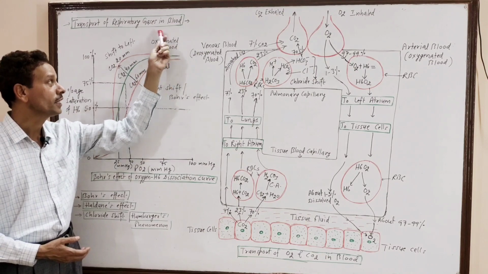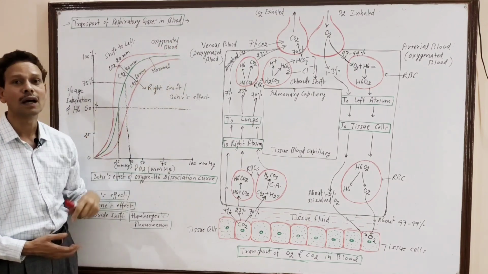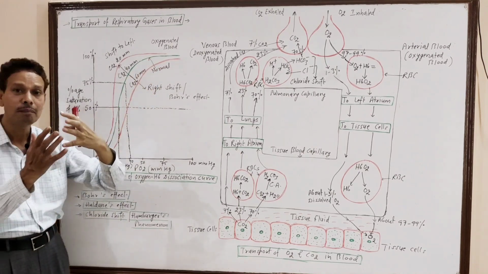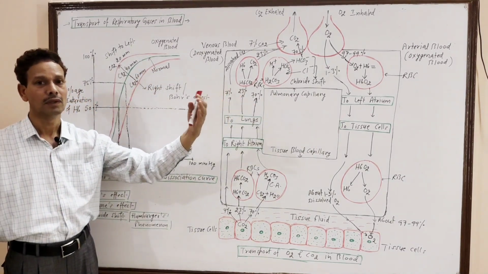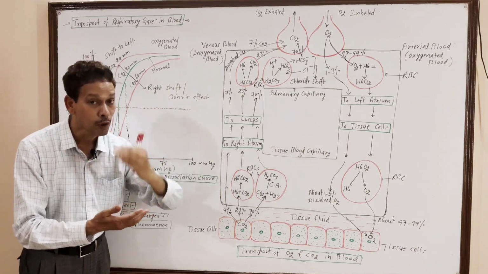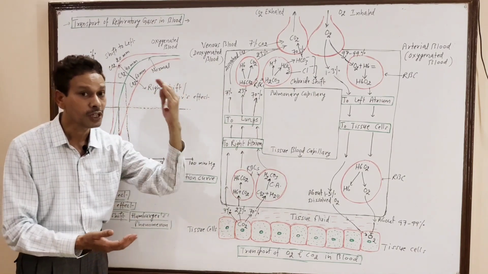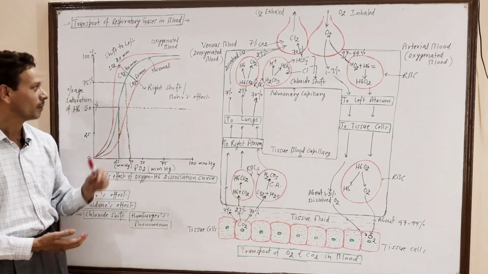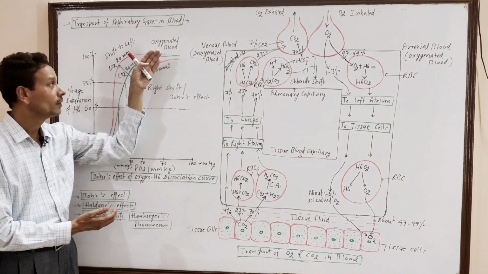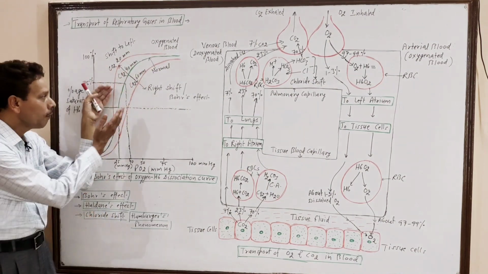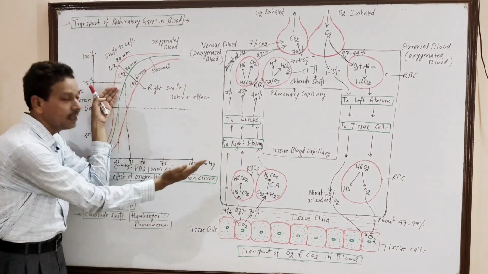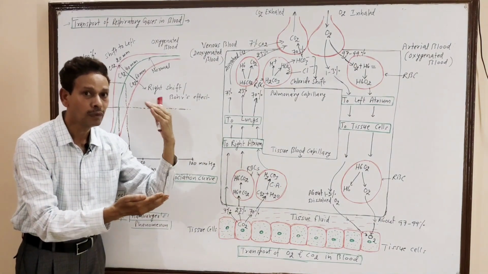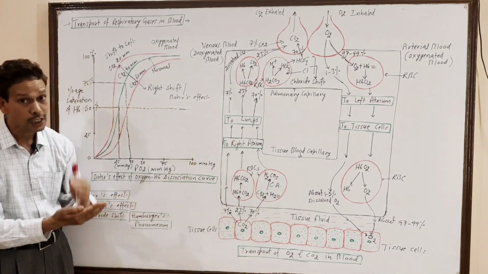Here the oxygenated blood leaves the lung alveoli, but in body tissues where metabolism is high, the CO2 concentration is more, body temperature is high, but the pH is less. It means this curve in body tissues shifts to the right, due to increase in concentration of CO2.